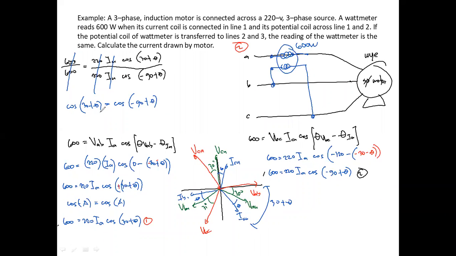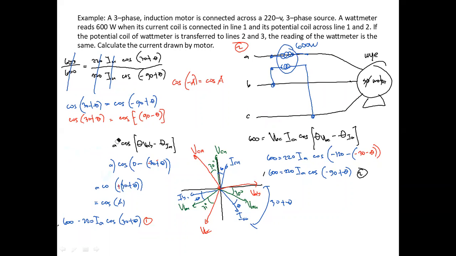Again, using the identity cosine of negative A is cosine of A, we can rewrite this as cosine of 30 plus theta equal to cosine of 90 minus theta.